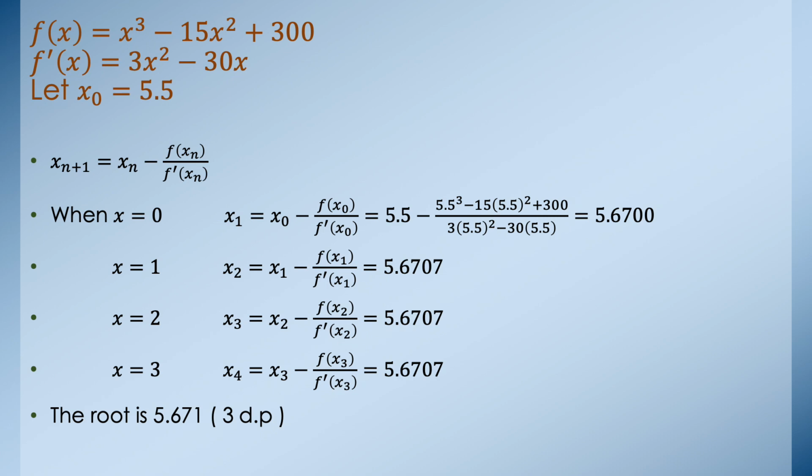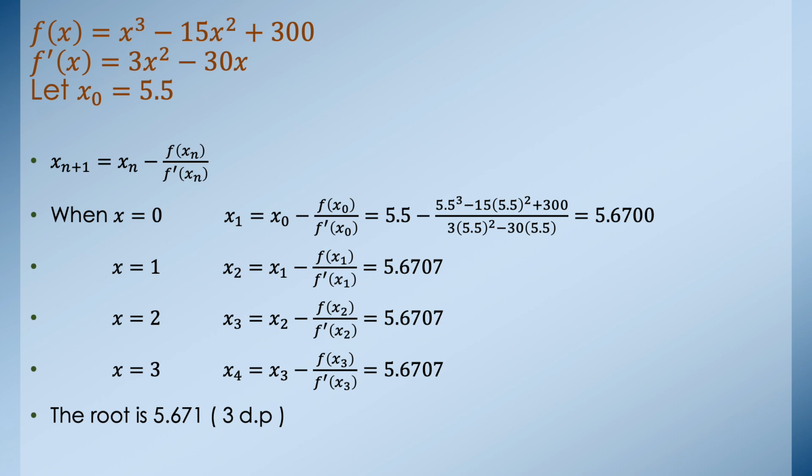As we know, the root is in between 5 and 6, so we let x naught equal to 5.5. You can let x naught equal to 5 or 6 as well.